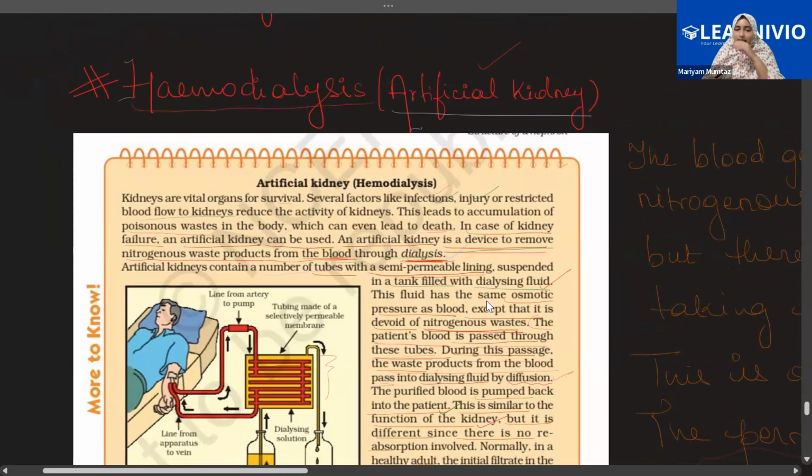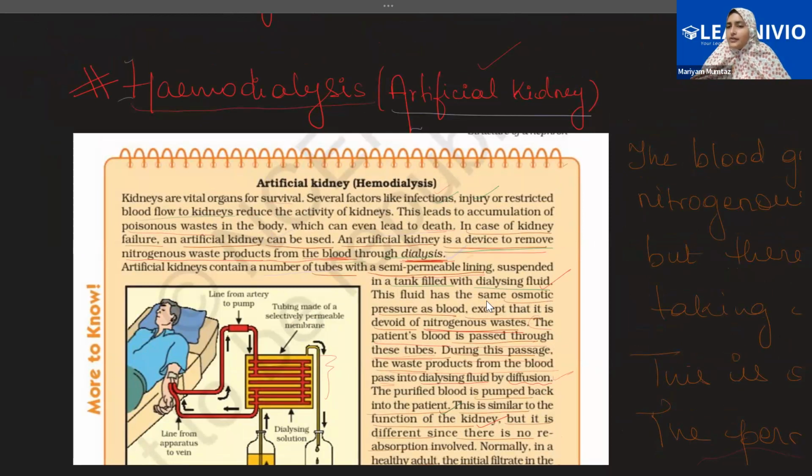So many times people, because of certain infections, certain injuries, or maybe if the blood flow is not proper in the body, they have kidney failure. Kidney failure is also known as renal failure. Okay. So in the case of that, now the person cannot filter their own blood. And if a person is not able to filter their own blood, will they die or will they survive?